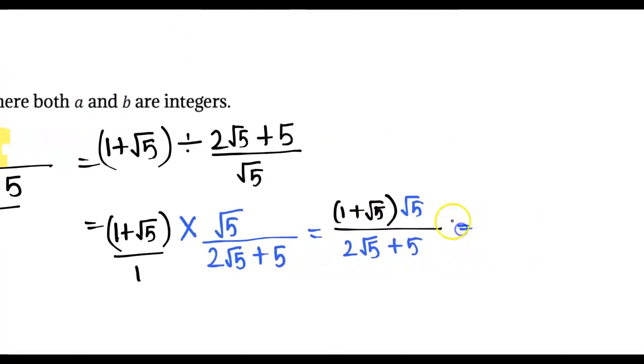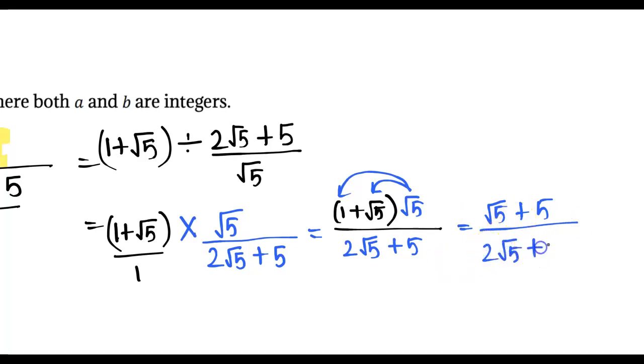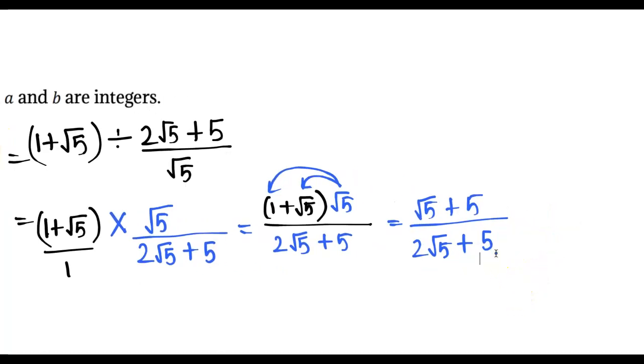So let's multiply that. Root 5 times 1 will be root 5 only, and root 5 times root 5 will be 5, so 5 plus root 5 over 2 root 5 plus 5, right? Now, how can we simplify this?